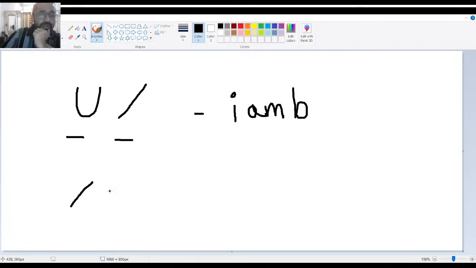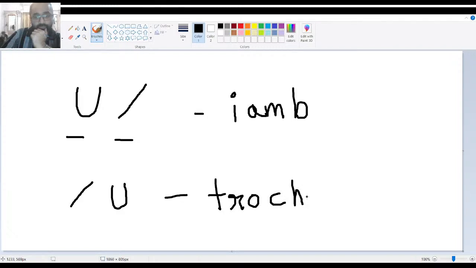As opposed to an iamb, you also have trochee. And correspondingly, you have two different kinds of rhythms, two opposite kinds of rhythms: the iambic rhythm and the trochaic rhythm. Okay.